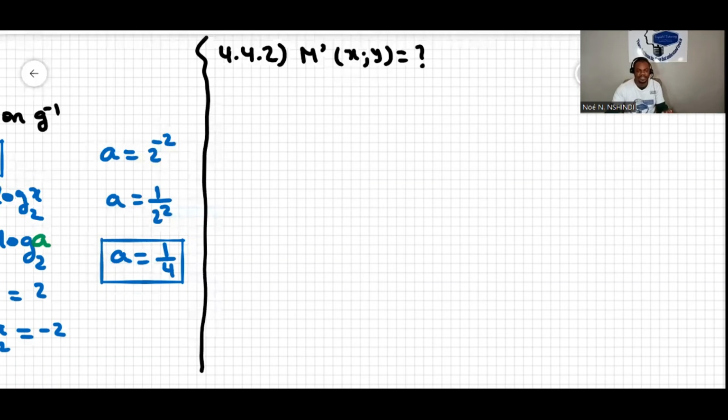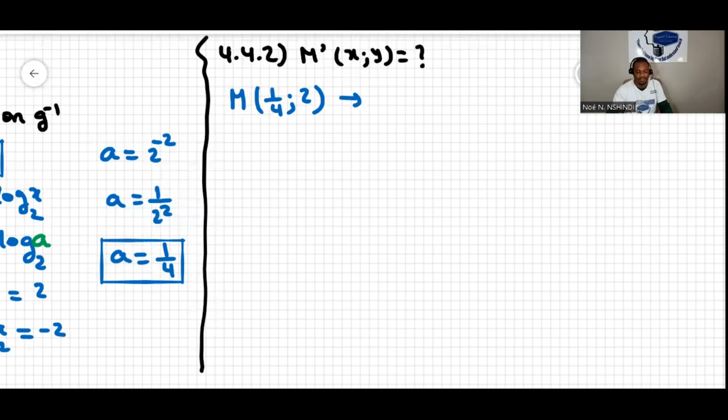Remember that G and G minus 1, obviously they are inverse functions, okay? And then with the inverse function, we'll switch the variables x with y. So because the point M, we did find that the point M has coordinates A was a quarter and then 2.